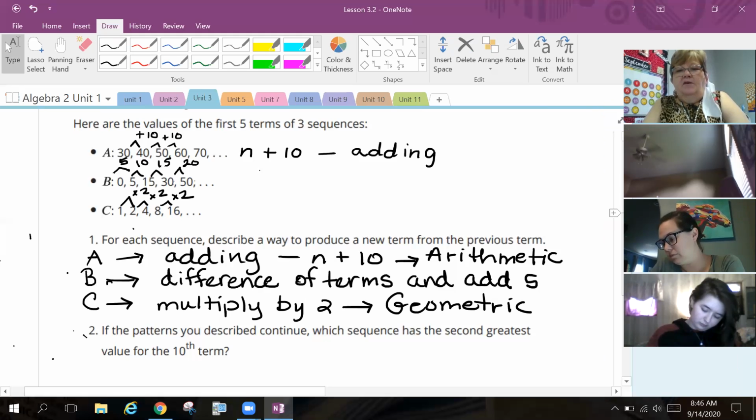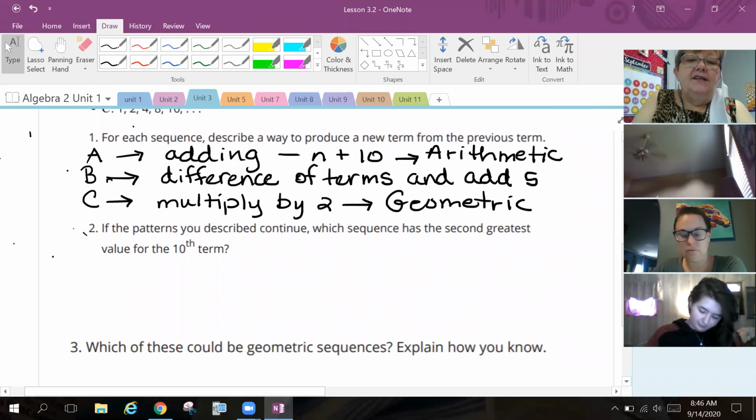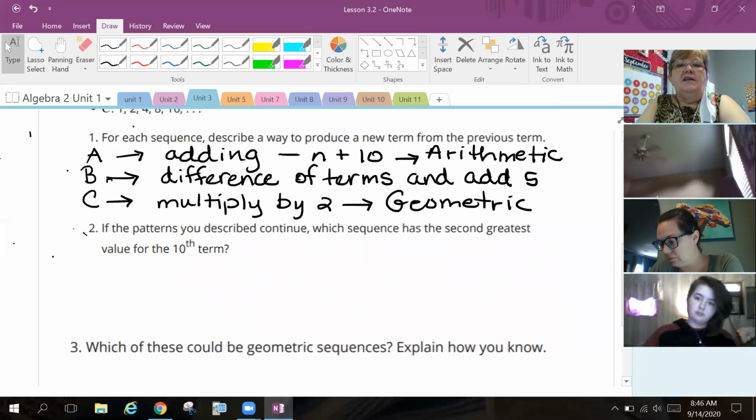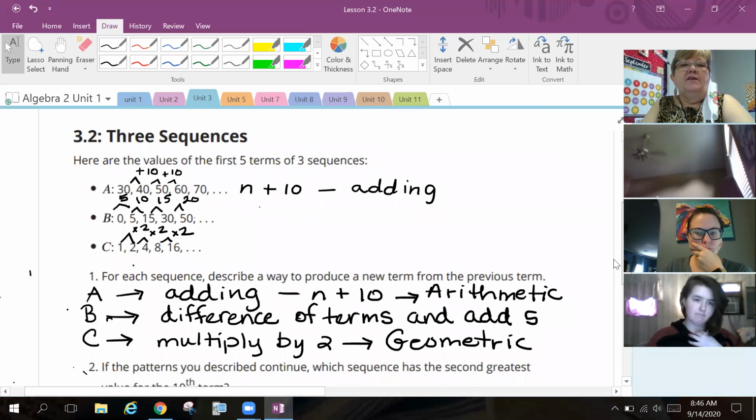All right, let's move on. If the values you described continue, which sequence would have the second greatest value? Caitlin says B. Anybody else figure it out? Let's look at the values up here.